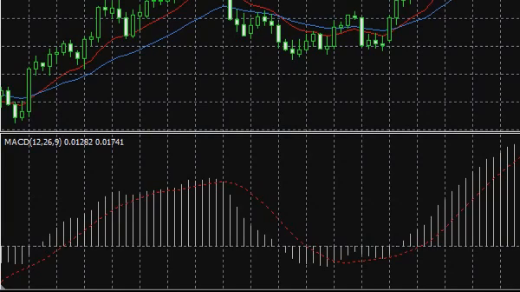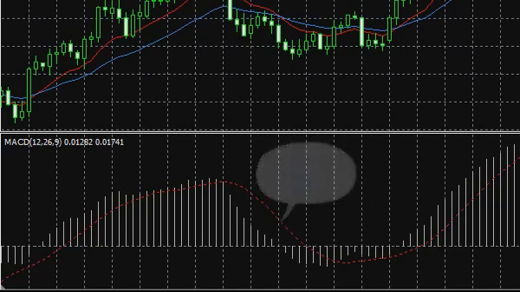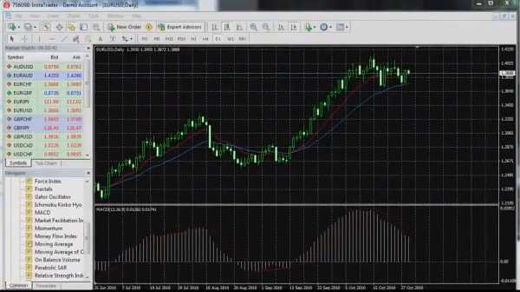Later, the acquired values are smoothed with a simple moving average, and by these smoothed values a so-called signal indicator line is formed. Due to its smoothed nature, the signal line reacts more slowly to the price change, enveloping the MACD histogram.